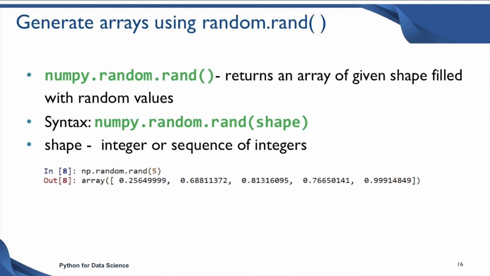Now the next function is your random.rand. It returns an array of given shape filled with random values. Okay, so you are working with your problem statement and you want to have random values inside your array, and then you could reshape it to any size you want. First you generate it. You want to generate 5 random values in the form of a NumPy array, and after that you can convert it into 2-dimensional, right?